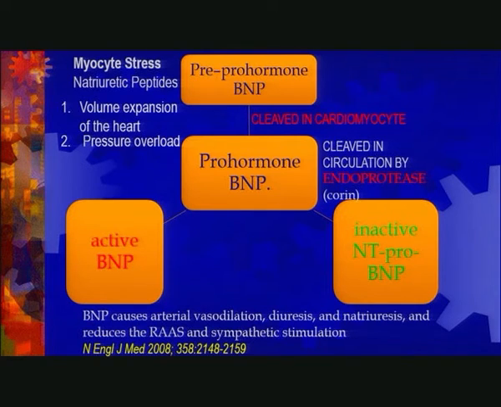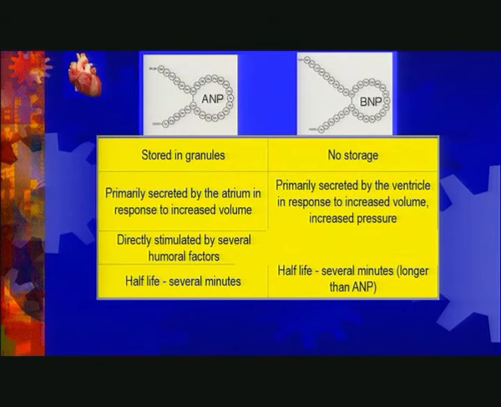A high level of BNP and NT-proBNP is associated with poor outcome in patients with heart failure. This is the BNP, and this is the ANP, which, as I said, is already stored in the heart, while the BNP is newly formed.